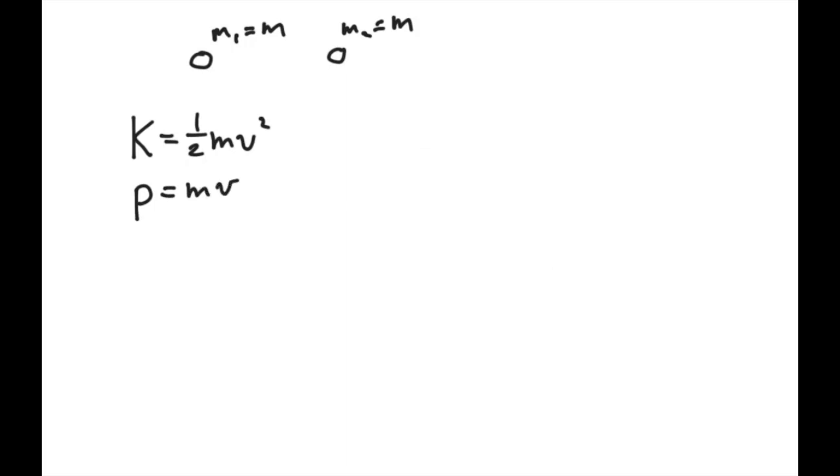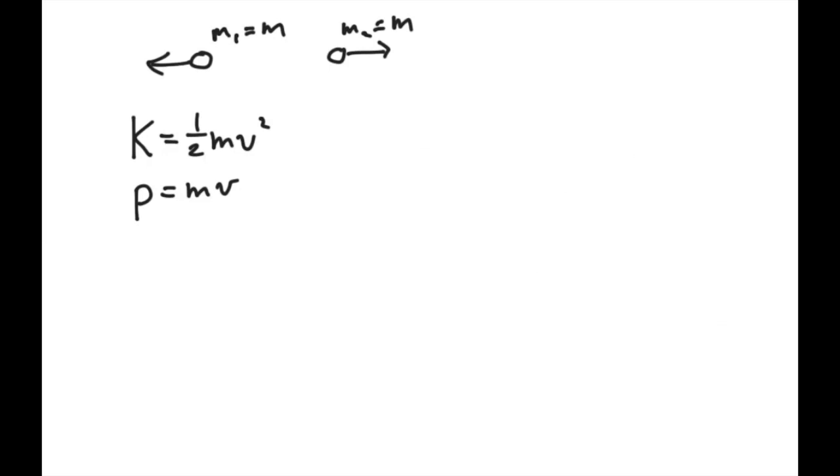Well, we know that the masses of both particles were the same. Mass 1 is mass m, mass 2 is also m. And we know that kinetic energy goes as 1/2 mv squared, and we know that momentum goes as mass times velocity. Now, if these two particles have the same force magnitude on them, equal and opposite, then they will have the same change in momentum.